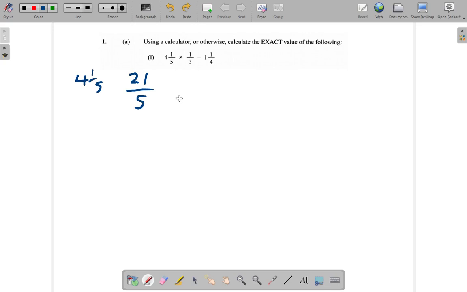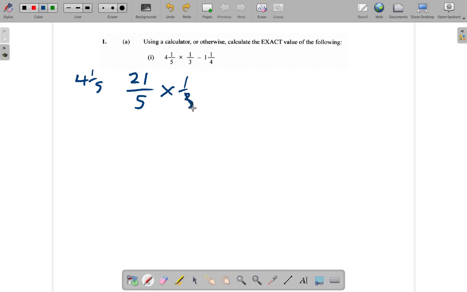So 4 1/5 is really 21/5, and you multiply by 1/3. Here you can do your multiplication directly, but I realize that you could cancel down and get some smaller numbers. We're not going to touch the minus 1 and a quarter just yet. Let's leave it out for a minute.